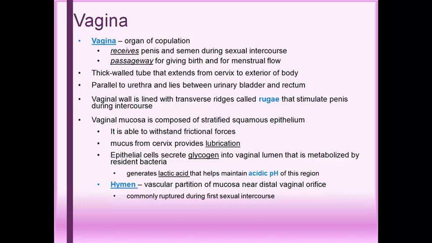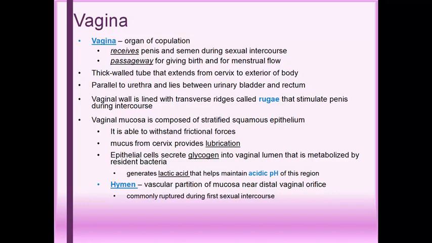The mucosa layer is stratified squamous epithelium in the adult vagina, and it's able, of course, to withstand sexual intercourse and the frictional forces associated with it. The cervix also will provide some lubrication, especially during orgasm of the female.